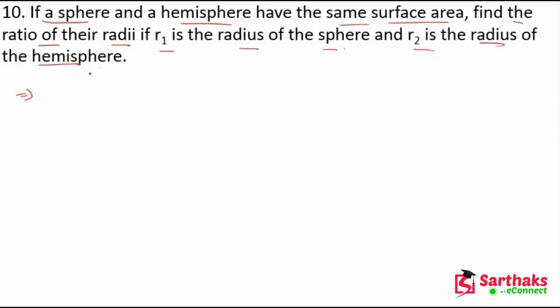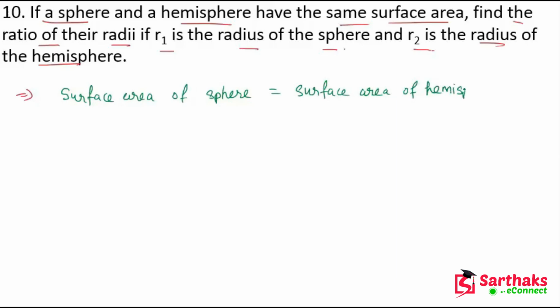So the surface area of sphere is equal to the surface area of hemisphere. The surface area of a sphere is 4 pi r1 square, because r1 is the radius of the sphere. This is equal to 3 pi r2 square, and r2 is the radius of the hemisphere.